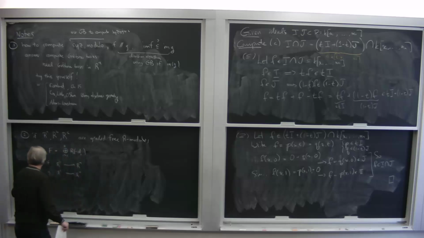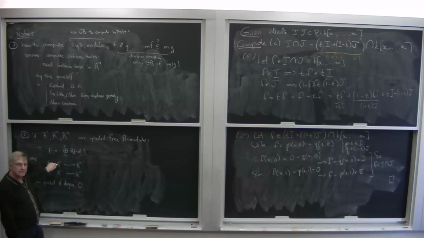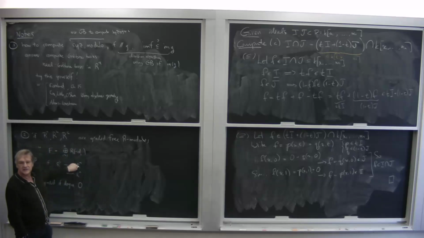Suppose these are graded of degree 0. What does it mean to be graded of degree 0? I think we mentioned that last time. It means that if I have a homogeneous vector of polynomials here and I apply F to it, I get a homogeneous vector of polynomials of the same degree over here. So degree 0 means that you don't change the degree.